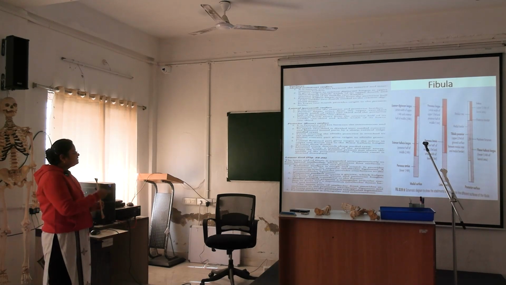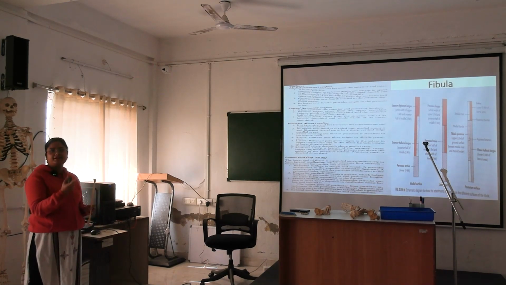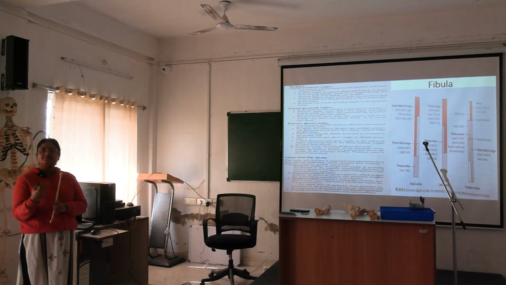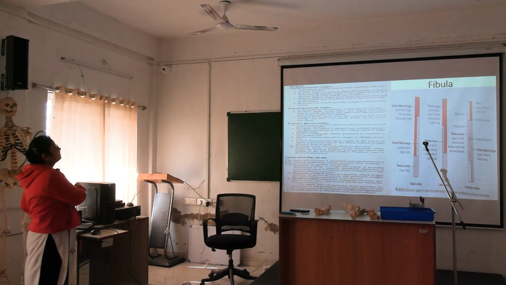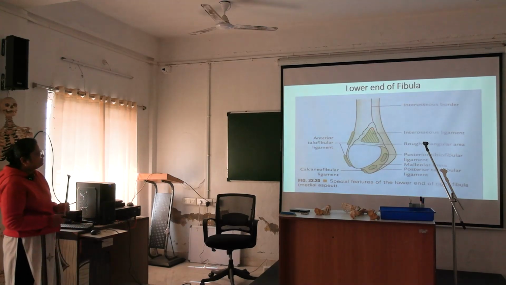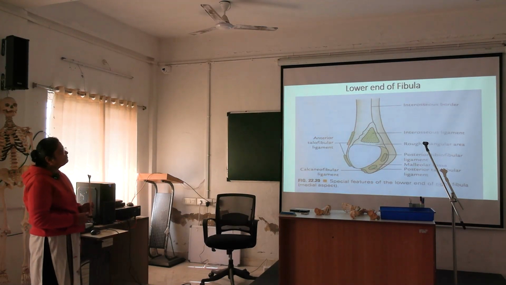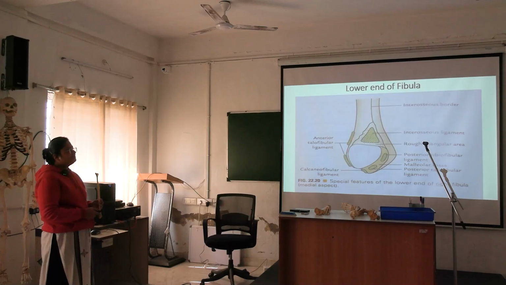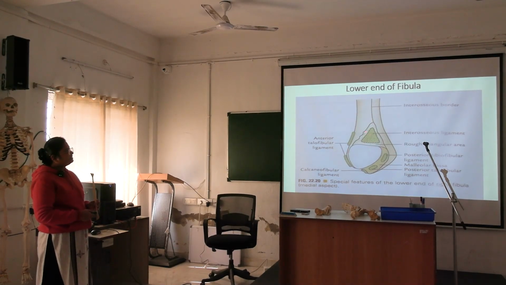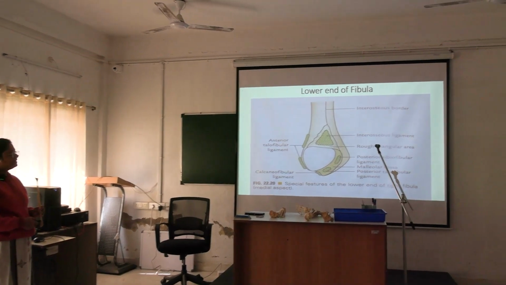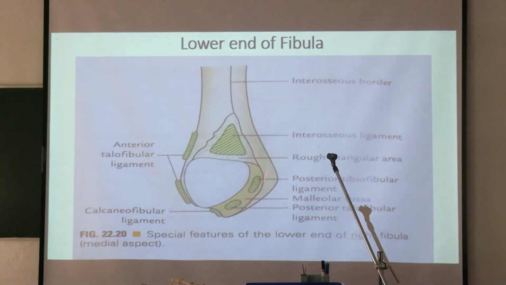So we have discussed the upper end, the shaft, its three borders, three surfaces, their attachments, and the lower end. See this triangular rough area at the lower end. This gives attachment to the interosseous ligament. Here is a triangular facet for articulation with the talus.